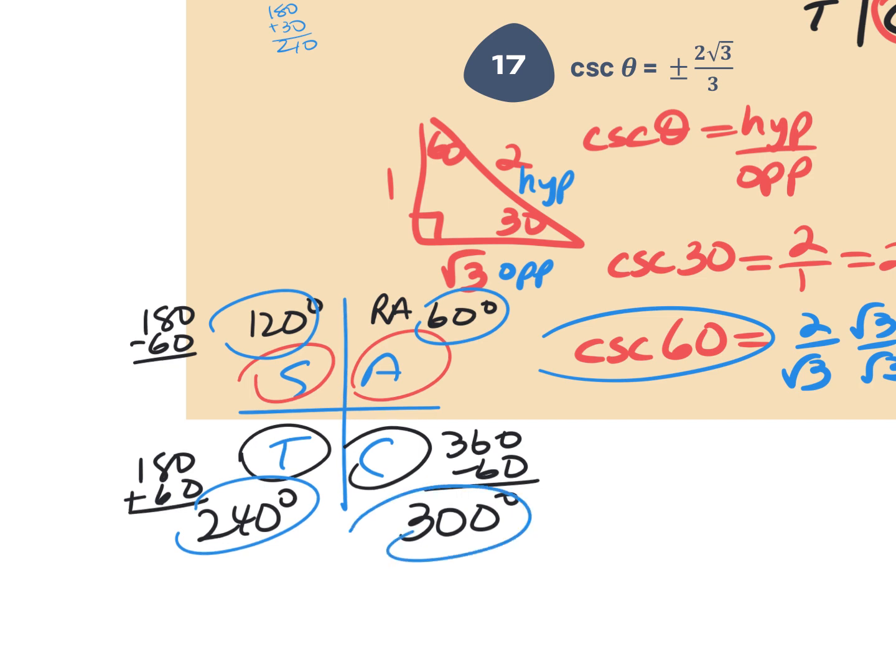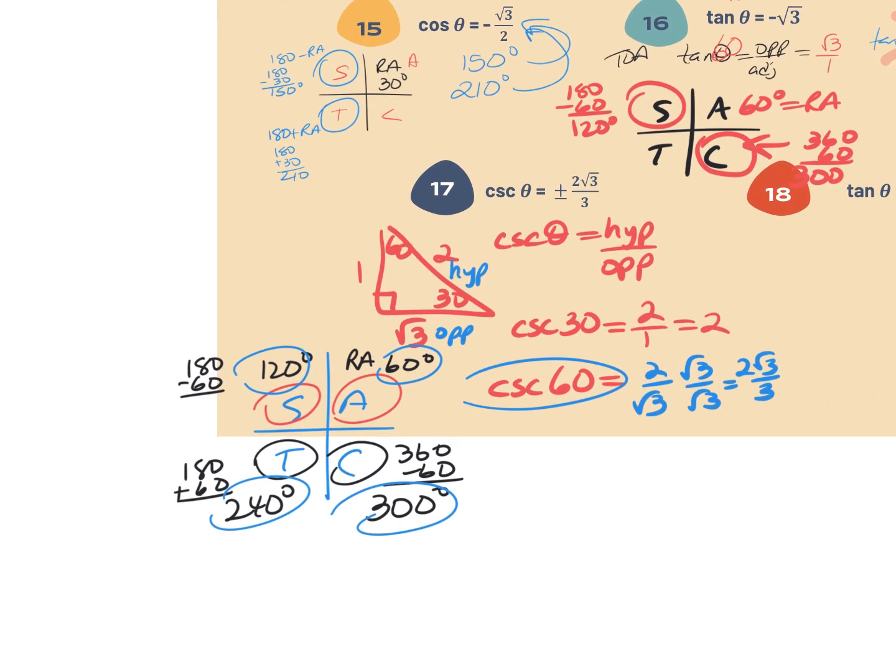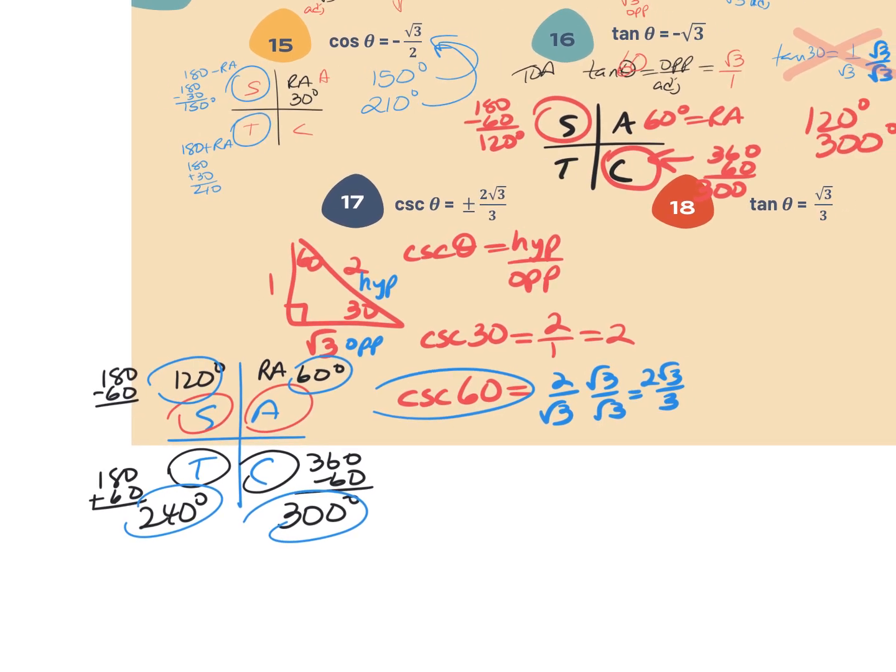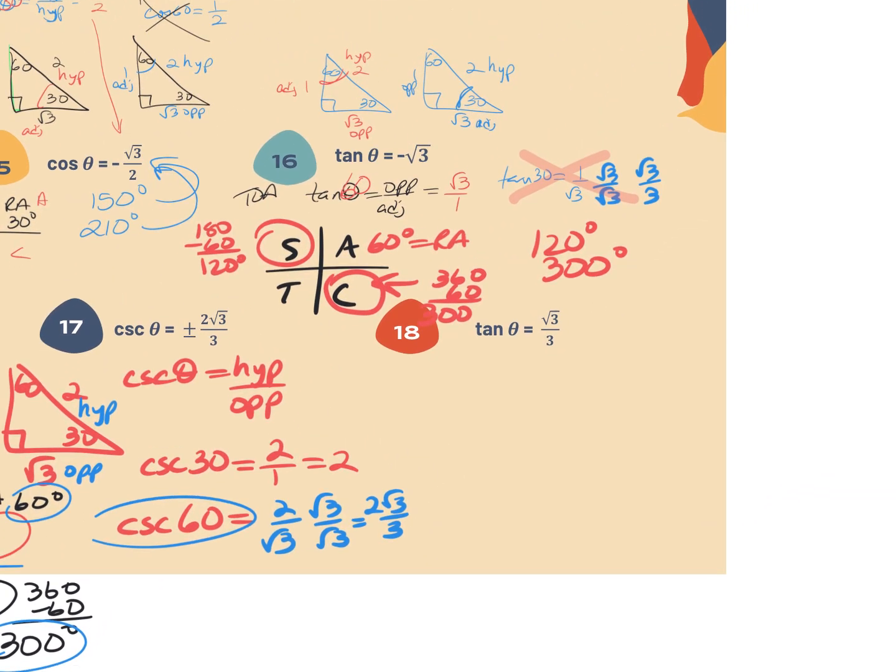And then the last one, it's got a root 3 again. So as soon as I see that, I can go ahead and check to see which one it's going to be. And if you notice right up above, I had already done the tangent of 30. So the tangent of 30, this is my reference angle. So 30 degrees is my reference angle because tangent of 30 is root 3 over 3.